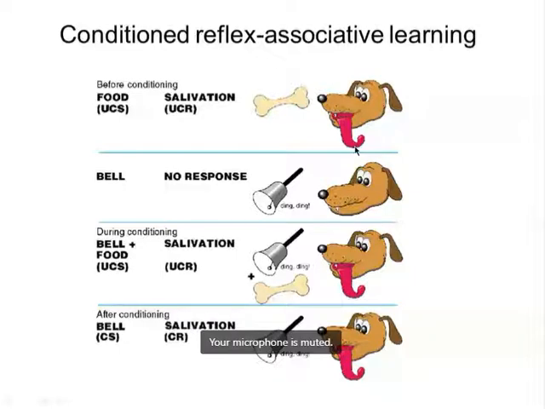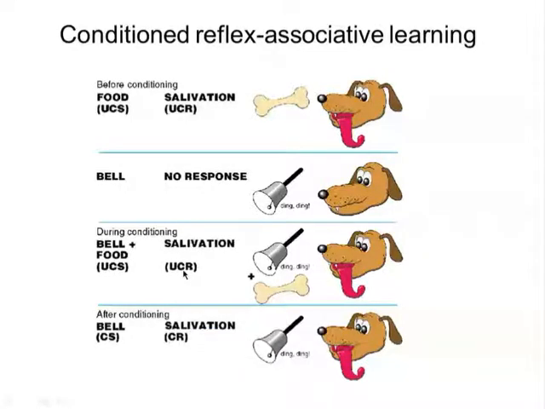Ringing the bell, no salivation. See, one stimulus, this is another stimulus. At a time, two stimuli. Bell is ringing and you are giving food. Bell is ringing, you are giving food. So, bell plus food is the unconditioned stimulus. And salivation, unconditioned reflex.